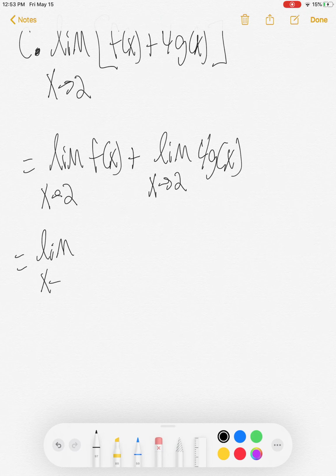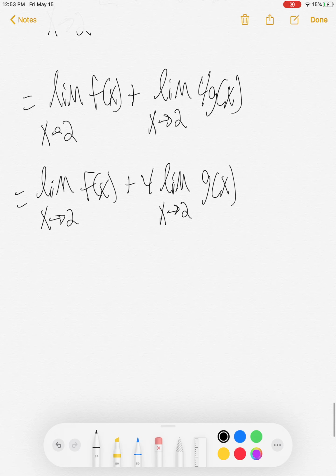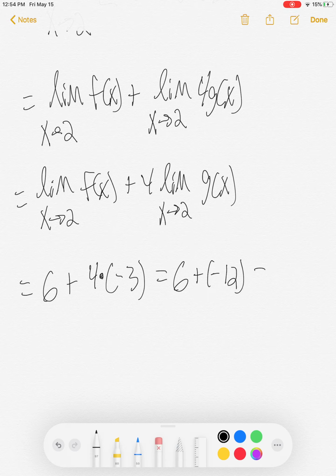Well, and as we said just a moment ago, I can pull this 4 out front of the second part, give me 4 times the limit as x approaches 2 of g of x, which means that this comes out to, well, this first limit, that's just 6. We're given that. And then I have 4 times the second limit, which we know is -3. So let's see, it's going to be 6 plus -12. And that, I'm pretty sure, is -6.